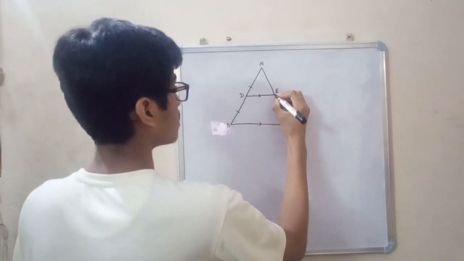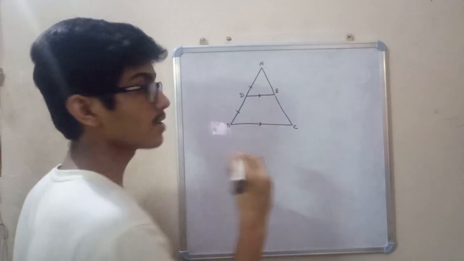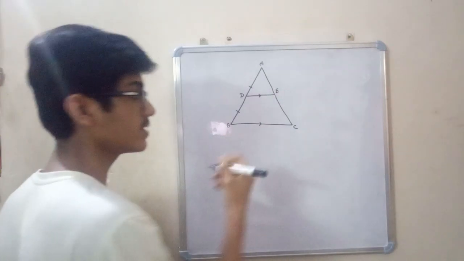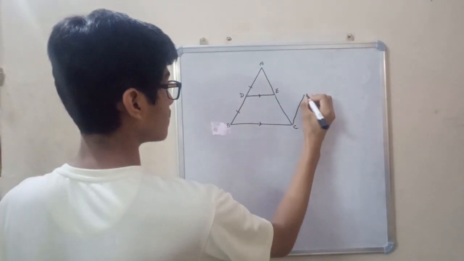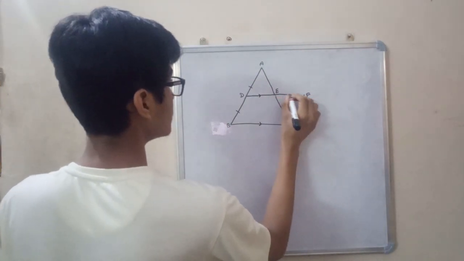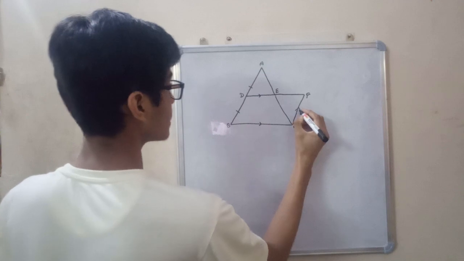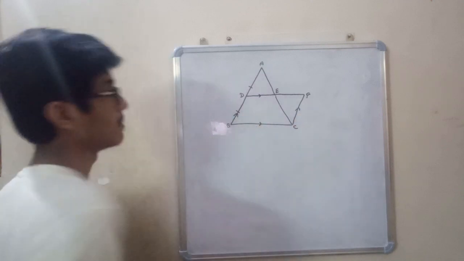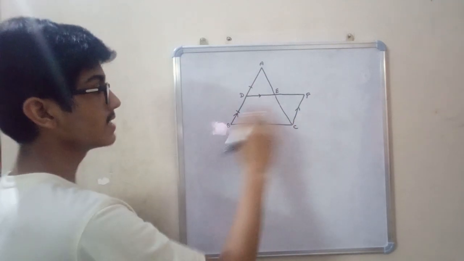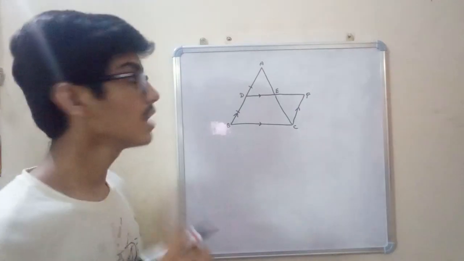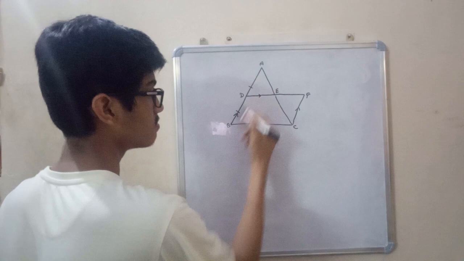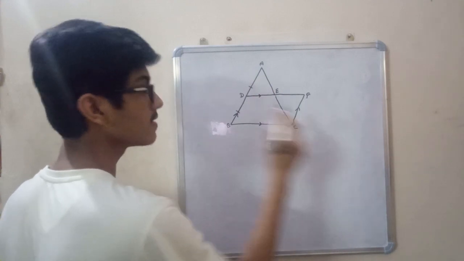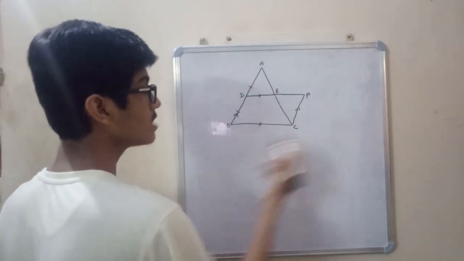Now let's talk about the proof of the converse of the midpoint theorem. In this also we have to do a bit of construction, the same construction we did in the last proof. We draw CF, which means DE produced, and CF is again parallel to AB. Since AB is parallel to CF, DB is also parallel to CF, and DF is already parallel to BC.